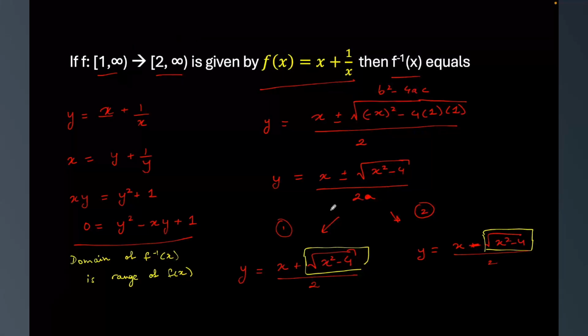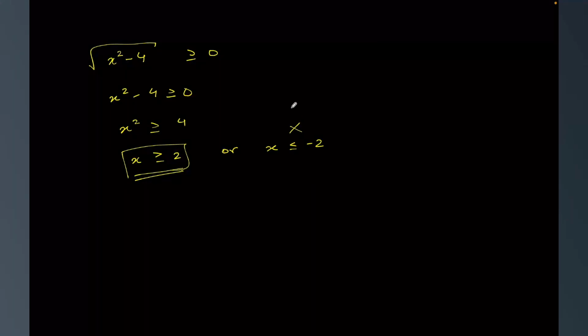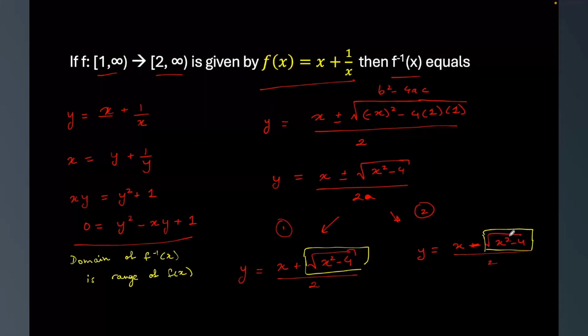So now the next thing is, essentially, I know that this must be 2 to infinity, so we can take this one right here, and we neglect this area. Well, that doesn't really matter at the end of the day, because it works out in both cases. We can take any value greater than 2 or any value less than minus 2. However, the range, or you can see the range is the domain. This is the range.